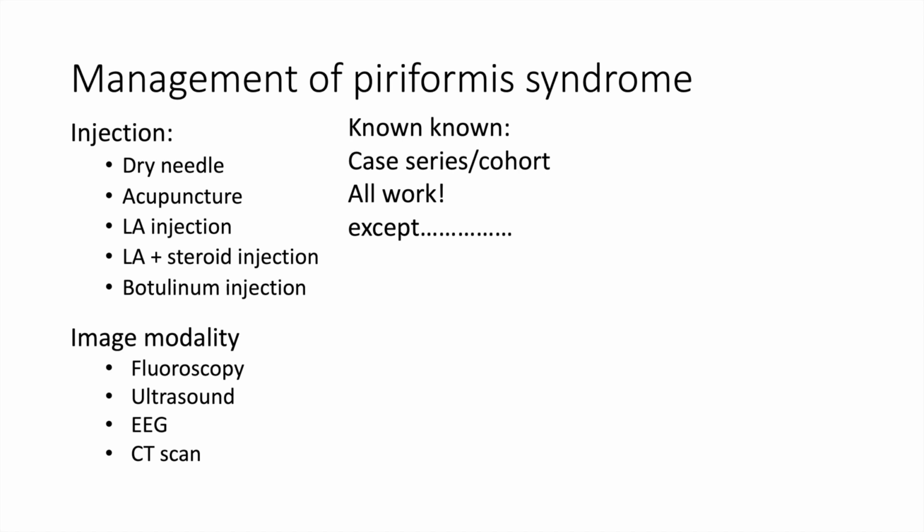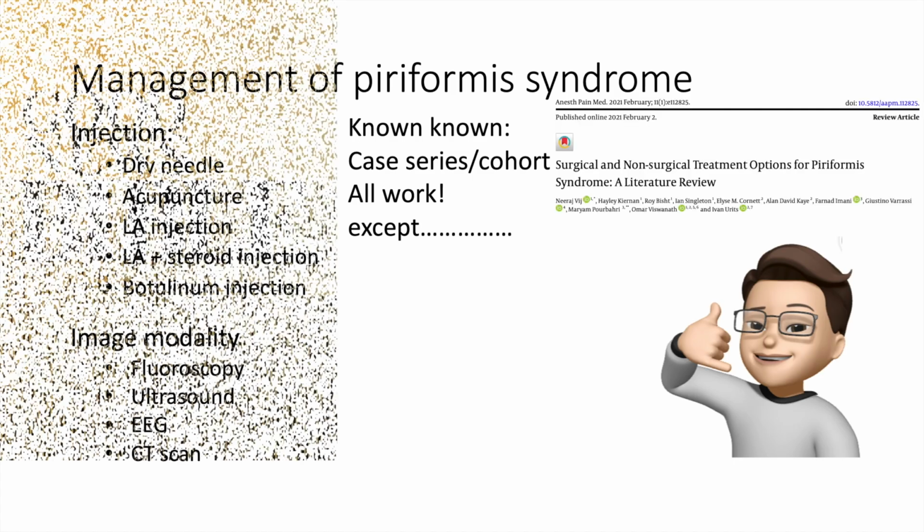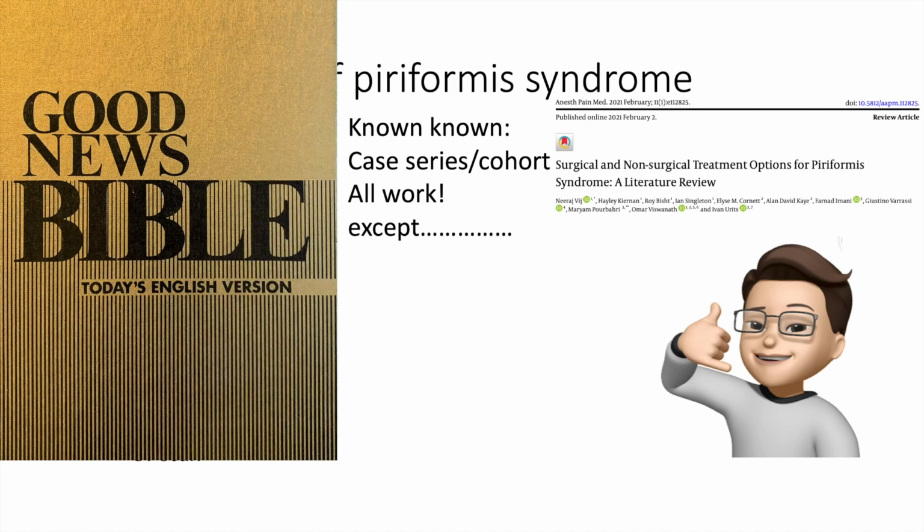Now, I'm going to summarize this by what is known. Most of them are case series and cohorts, and because of this, all work. This is a very recent article, published just last year, about the treatment and summarizing the extensive literature on those injection interventions in piriformis.